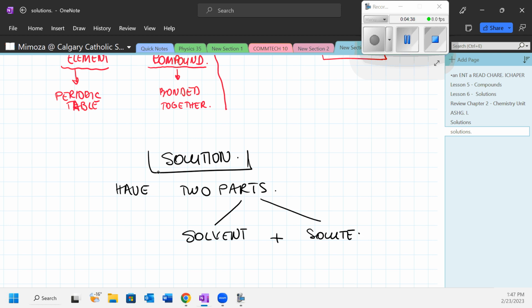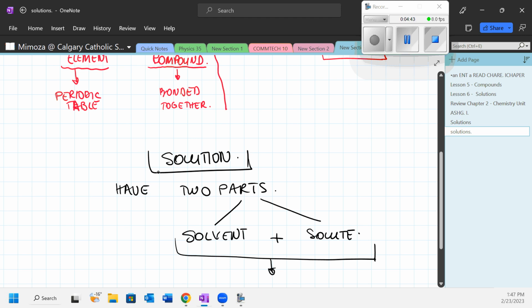When those two are combined together, then a solution is formed. Okay, so the solute is a substance that you are dissolving into a solvent. An example of a solute can be pretty much anything.